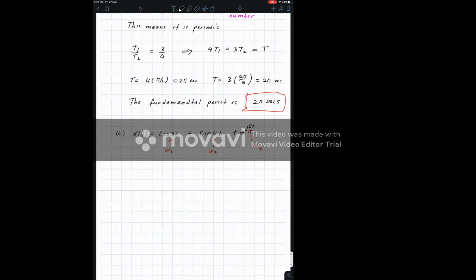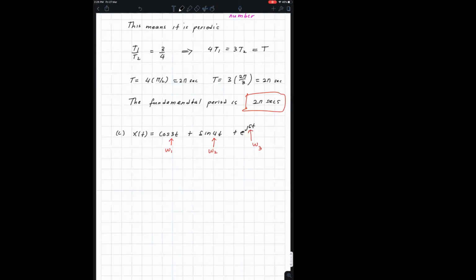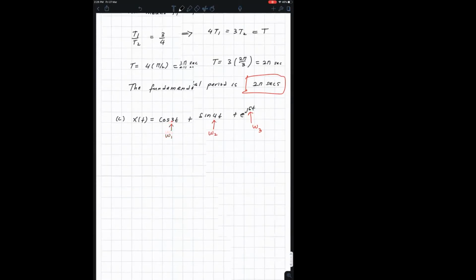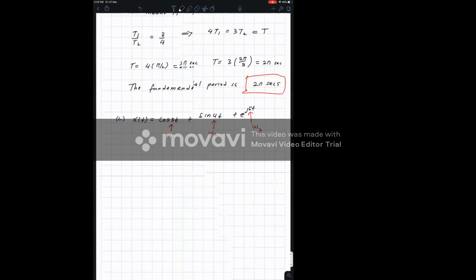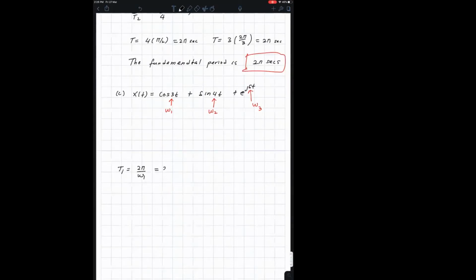So from omega 1, you calculate your T1. T1 is 2 pi over omega 1, which is 2 pi over 3. T2 is going to be 2 pi over omega 2, which is 2 pi over 4, equal to pi over 2.